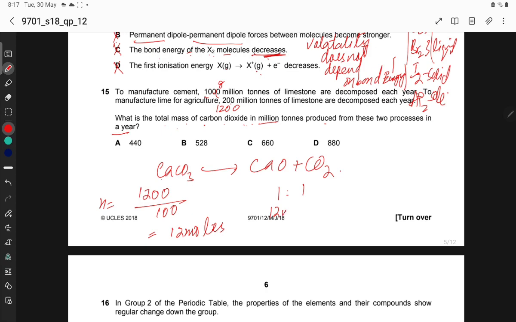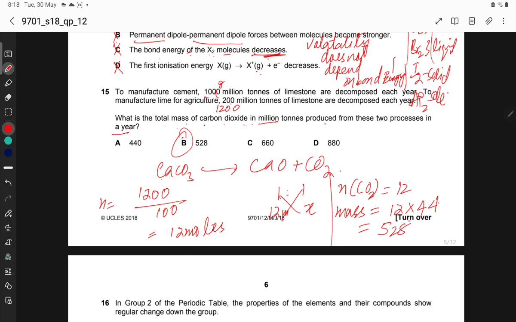So moles of carbon dioxide are 12, and the mass is equal to 12 times 44, which is 528. So this option is correct.